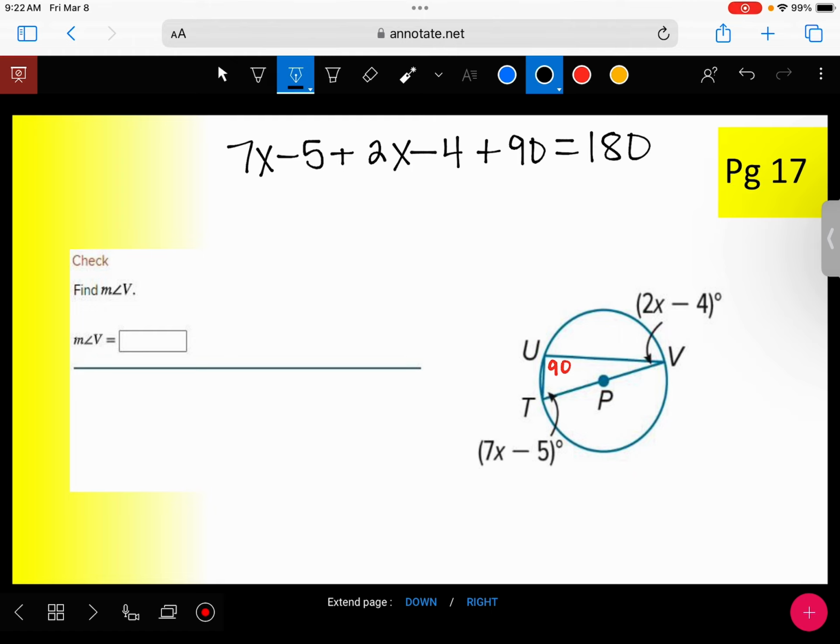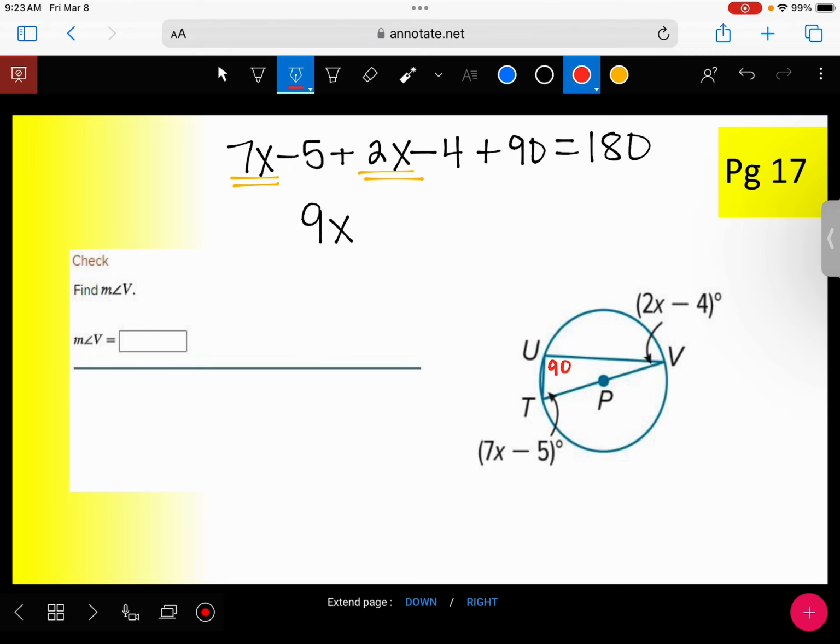So now you're going to need your calculator and these numbers: negative 5, negative 4, and 90. So 7x and 2x, when we add those together, we get 9x.